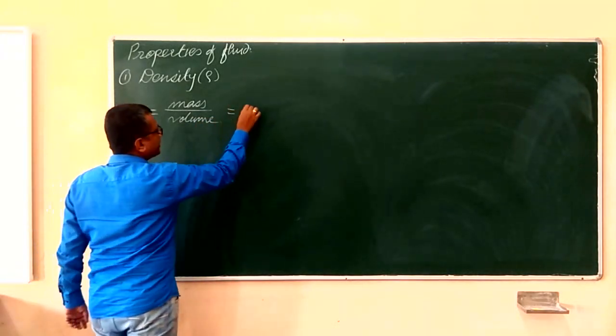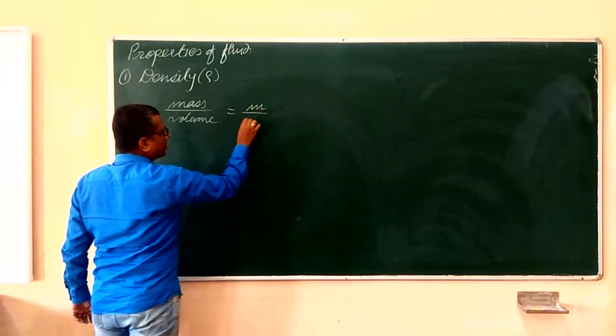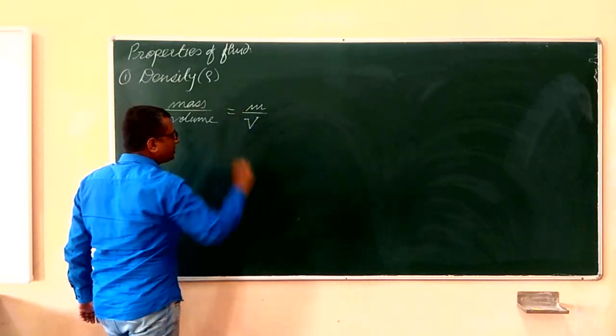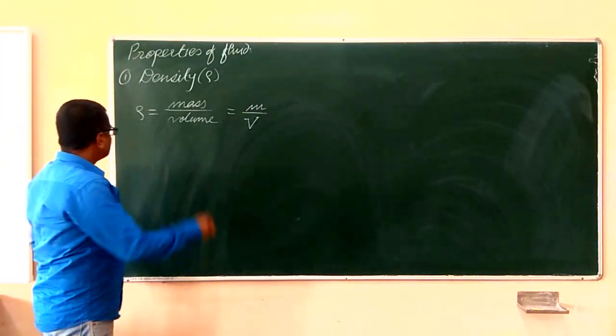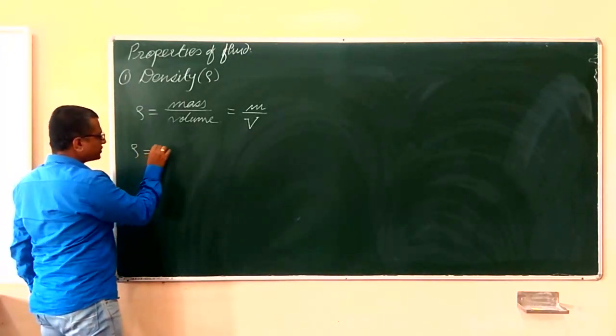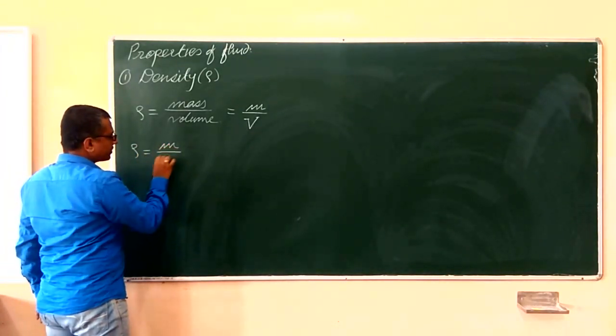So, it can be abbreviated as: the mass of the fluid is represented by small m, the volume as capital V. Rho is equal to m by V.